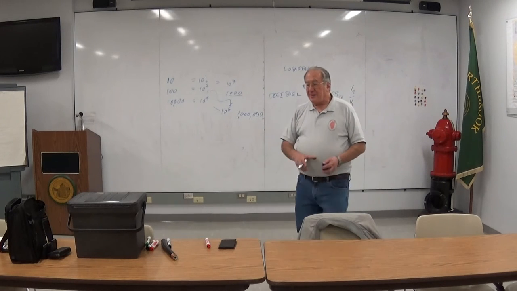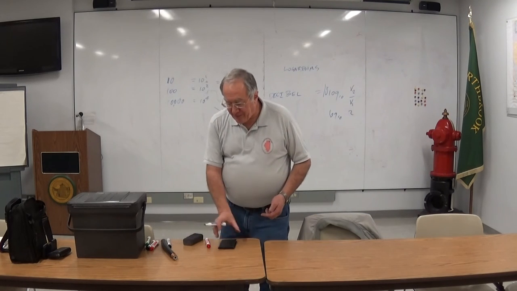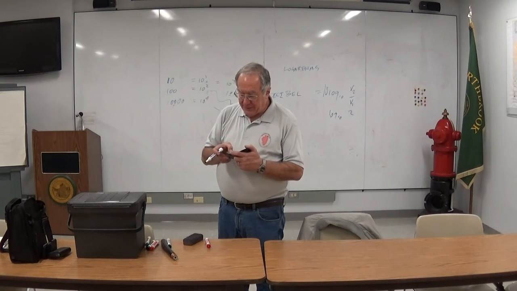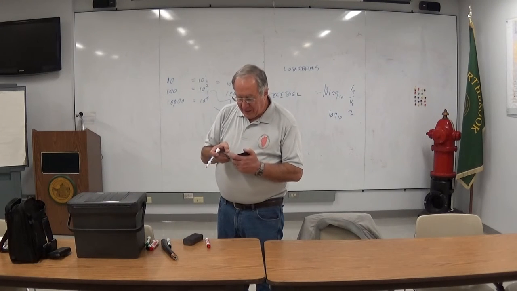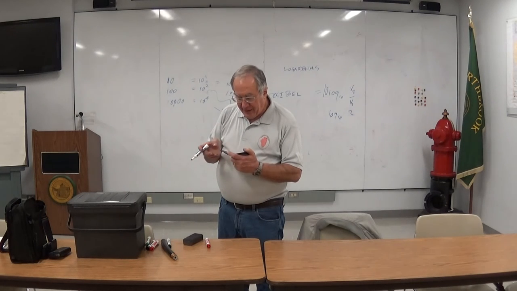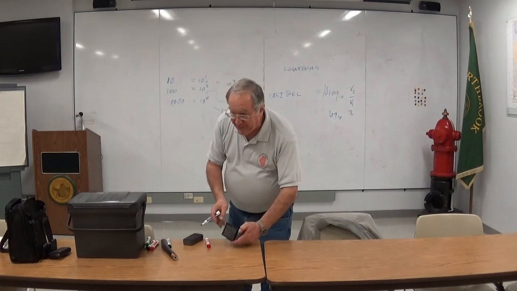What is the base 10 log of 2? Well, it's got to be about 0.3. I'll show you why I know that. I'm going to take 10, and if I take the log of 10, I'm going to get 1. Okay, let's take 2. Take the base 10 log of that. 0.30103.